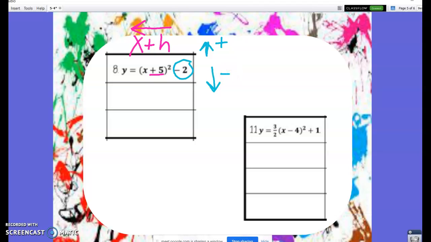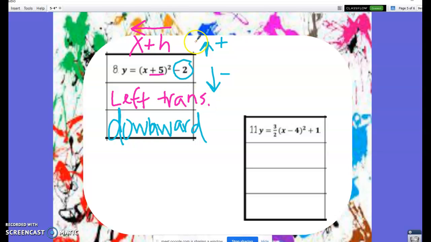So this is a translation down, or I don't know the wording that they used, but it's going to move downward. Sorry, I'm not known for my spelling. And also to the left. So on that Google slide, you are going to drag left translation and translation downward over to number 8.